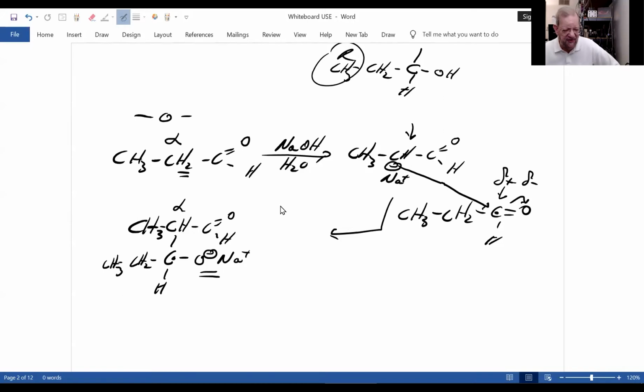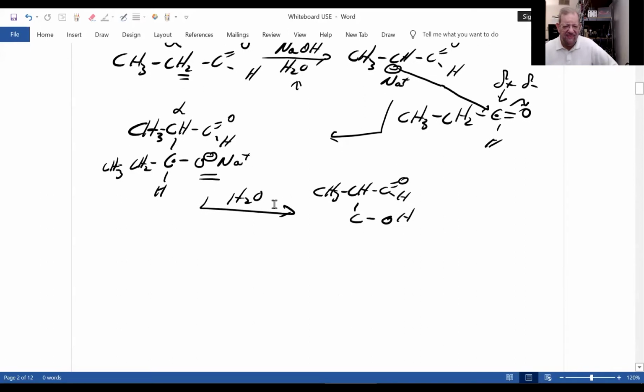This is a very strong base, and with water, which is present right here, or alcohol even, it'll pull a proton. And that's how it's done.